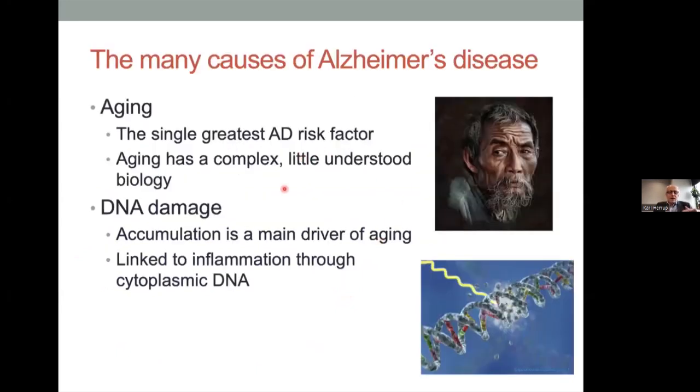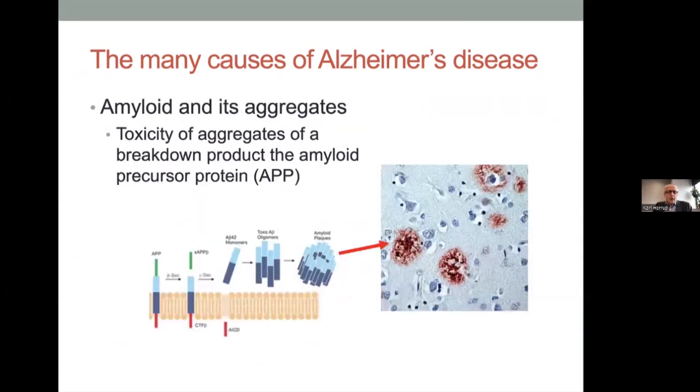Well, let's think about all the many causes that could be contributing to Alzheimer's disease. And I've mentioned aging, and it's worth thinking that aging is actually the single greatest risk factor for Alzheimer's. And we really don't know much about its biology. I happen to like DNA damage. It's a driver of aging. It's linked to inflammation. I'm perfectly happy to include amyloid. I know this will shock some of you in the audience, but I am. It's okay.